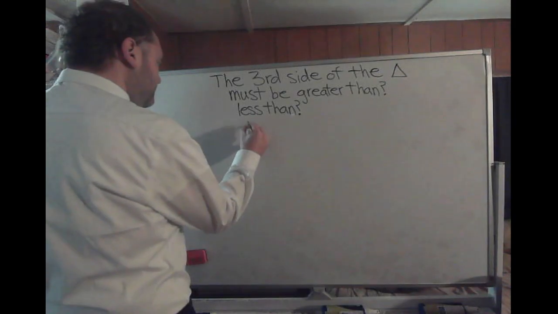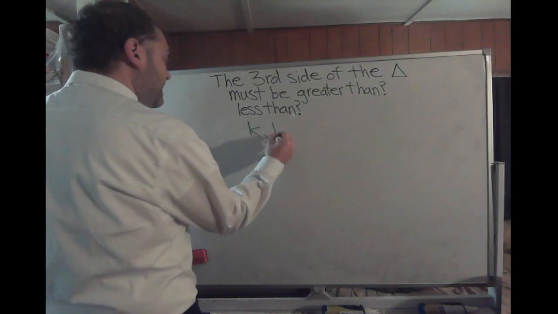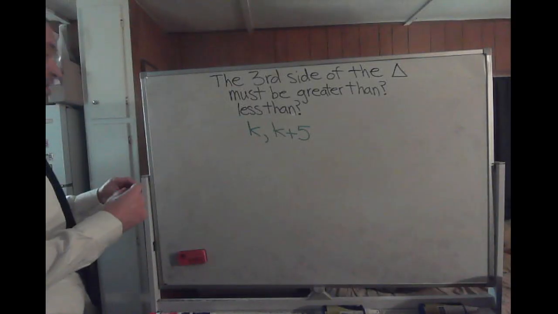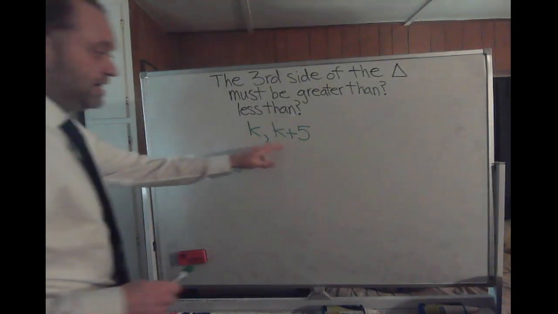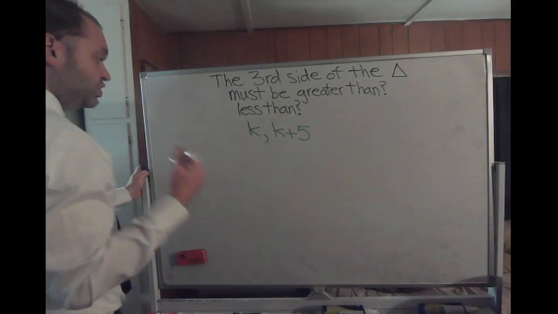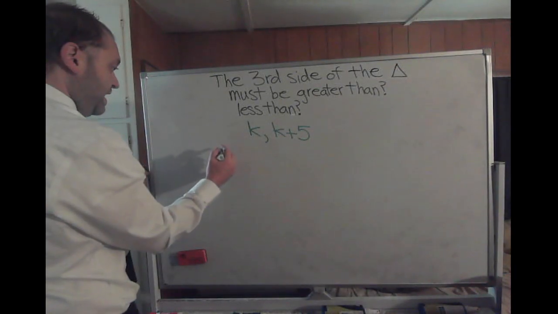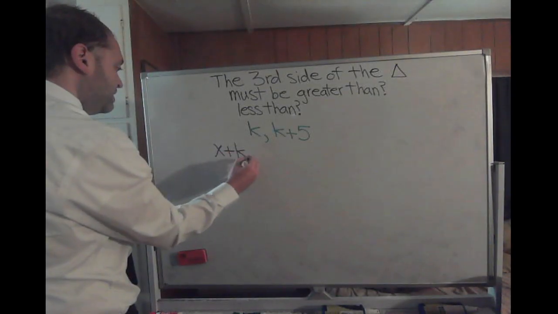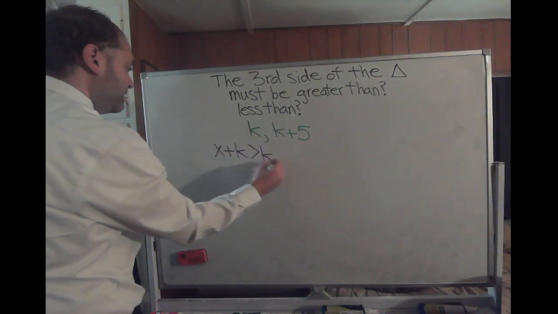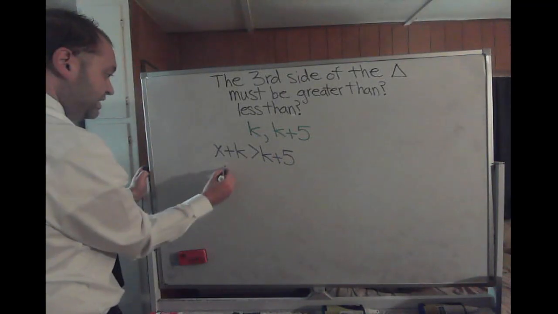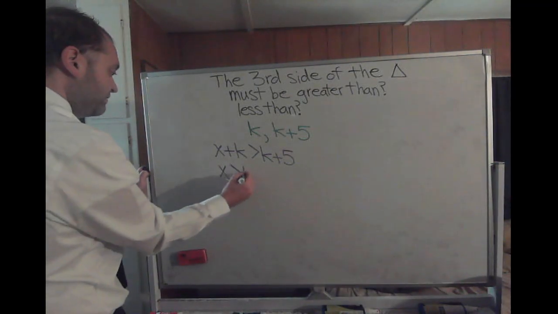This time you have a length of k, and then k plus 5. So you have a length of k and k plus 5. So of course the goal in this case is to have x plus k greater than k plus 5, which would have to mean that x is simply greater than 5.